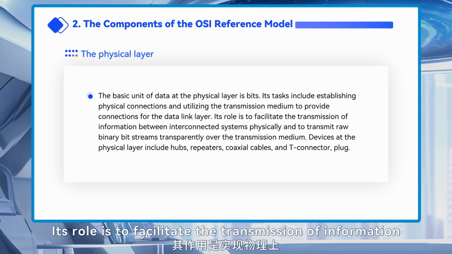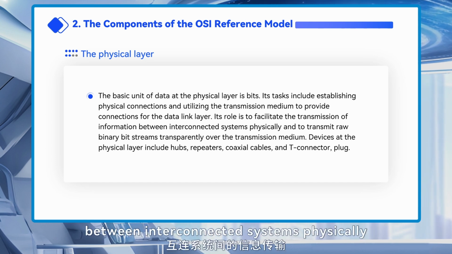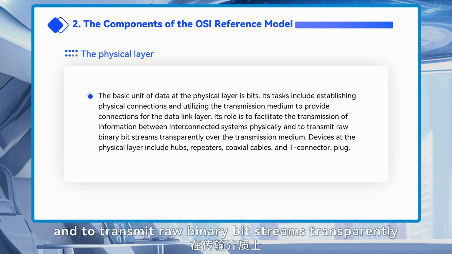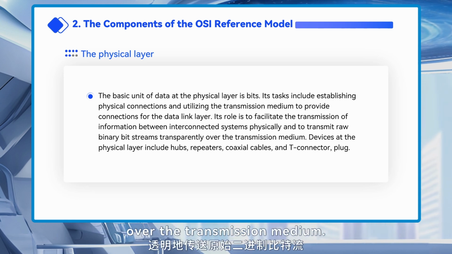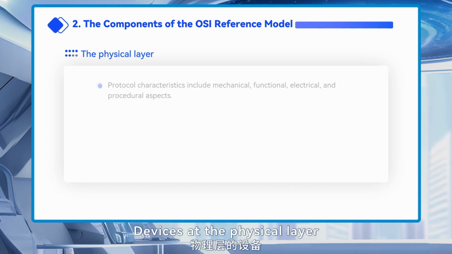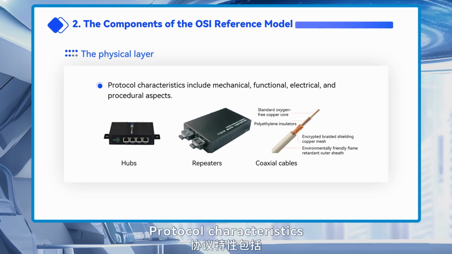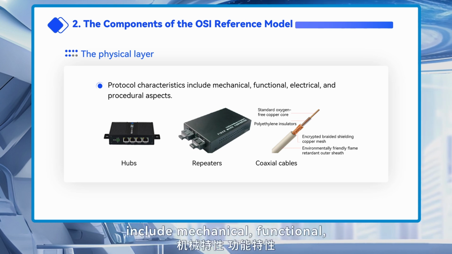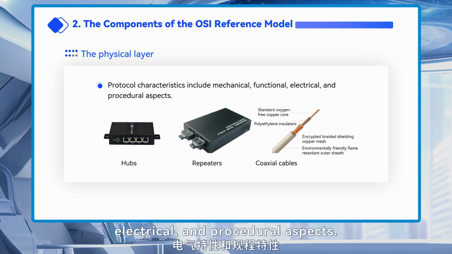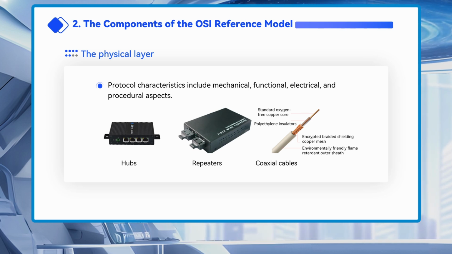Its role is to facilitate the transmission of information between interconnected systems physically and to transmit raw binary bit streams transparently over the transmission medium. Devices at the physical layer include hubs, repeaters, and coaxial cables. Protocol characteristics include mechanical, functional, electrical, and procedural aspects.